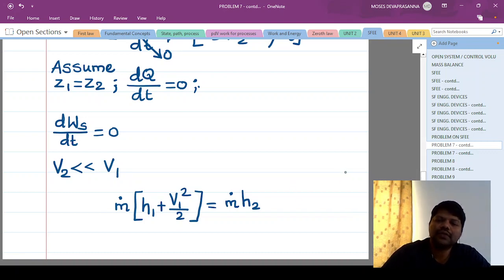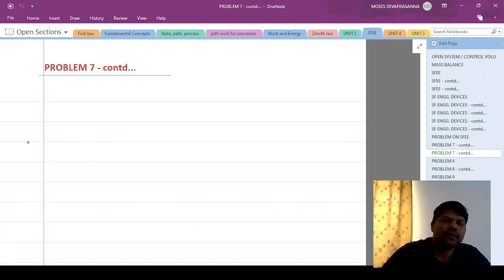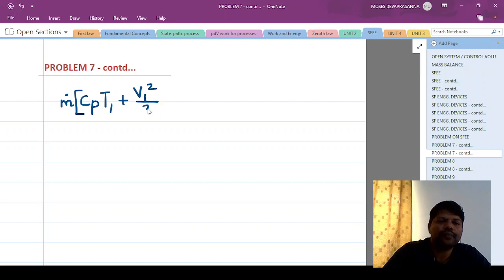Let me go to the next slide. So I'll write m dot into, enthalpy for a perfect gas can be written as Cp into T, specific enthalpy. So H1 can be written as Cp into T1 plus V1 square by 2. On the right hand side, similarly, H2 can be written as m dot Cp into T2.